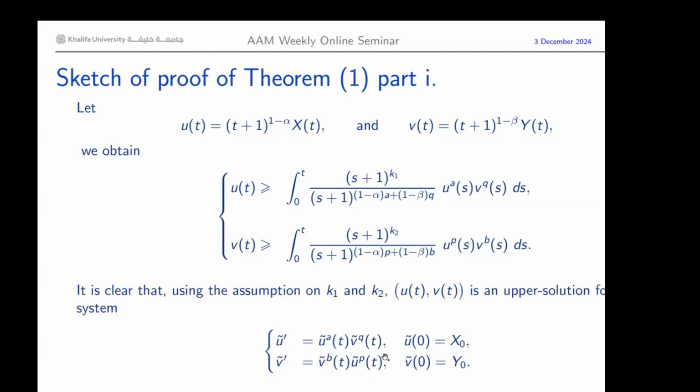So being an upper solution, it means that it is bigger than the solution of the classical sense, which already blew up. The solution of this classical sense kind of pushes the solution of the fractional order system. And there we arrive at our blow up condition.